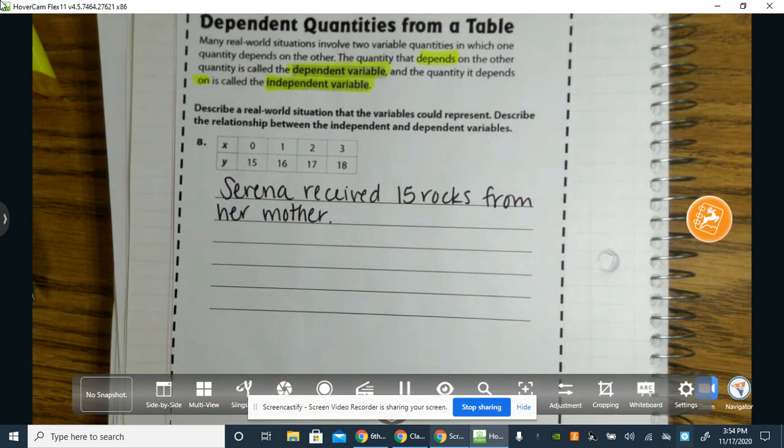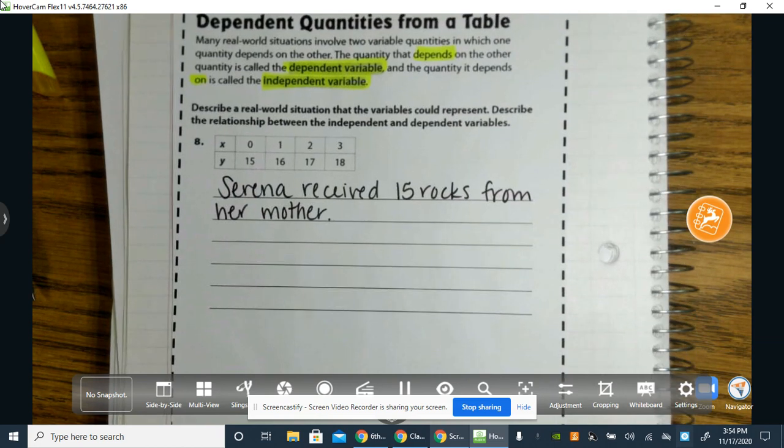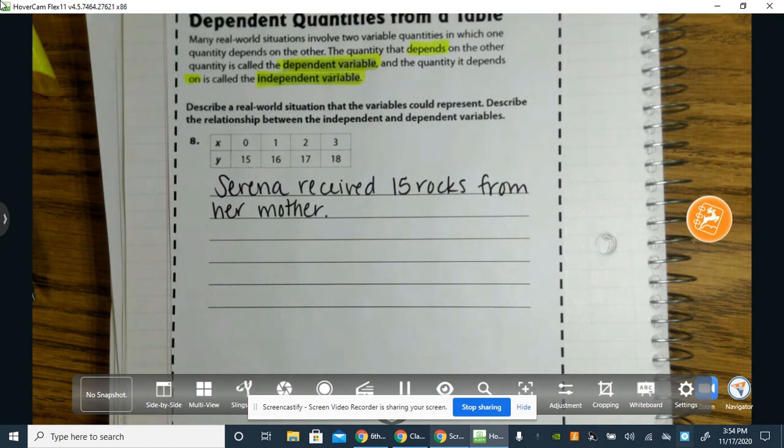Okay. Say her mom went to the Grand Canyon, picked 15 rocks up and said, these are beautiful rocks. I'm bringing them home. 15 rocks from her mother.